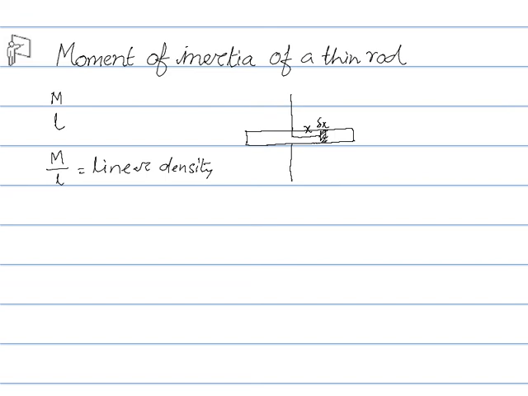Now the mass of width delta x will be m by L into delta x. This is the mass of this element. M by L is the mass per unit length, so for dx length the mass will be m by L into dx.